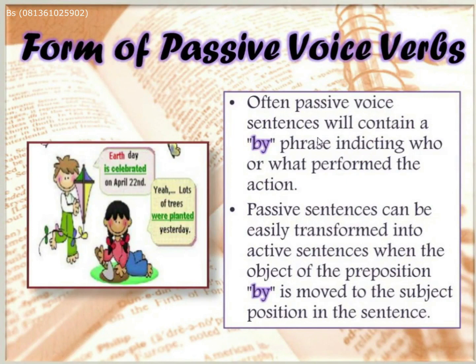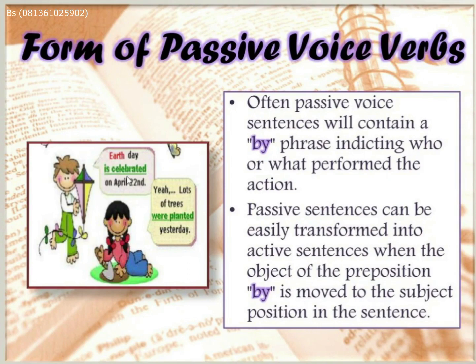Often passive voice sentences will contain a by phrase indicating who or what performed the action. Passive sentences can be easily transformed into active sentences by moving the object of the preposition by to the subject position in the sentence.